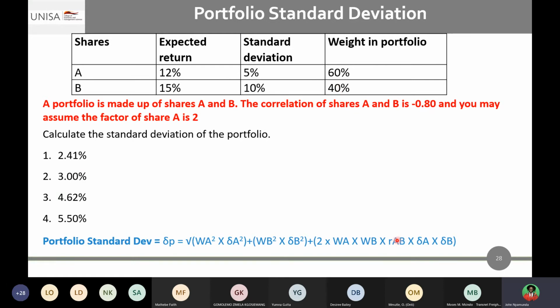Remember, RAB is correlation. Correlation, here it is, minus 0.8. Then standard deviation, you have 0.05 and 0.1. Then you make your choice. Let's do it quickly so that we can do another practice question.